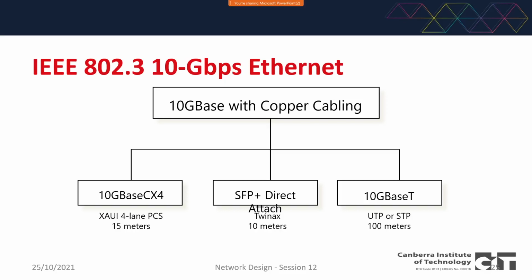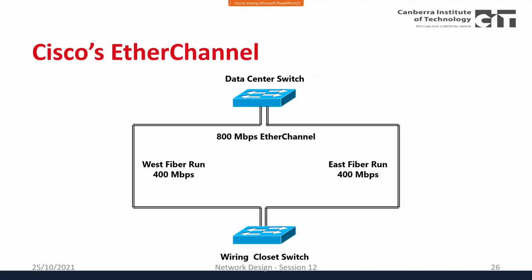With the SFP+ Direct, we have an awful range as well, just 10 meters. And the latest, very good standard for 10 gigabit per second Ethernet, the 10 gig base T, can use UTP or STP cables up to 100 meters.